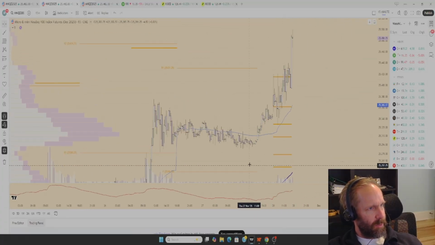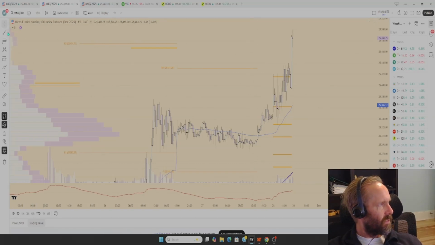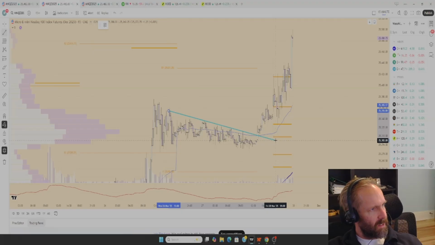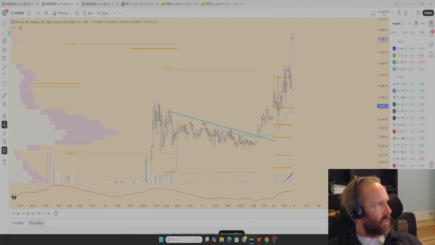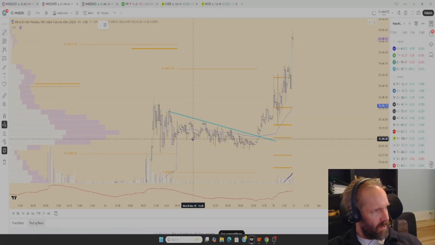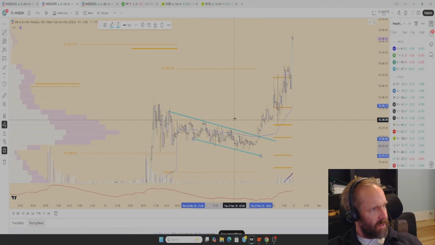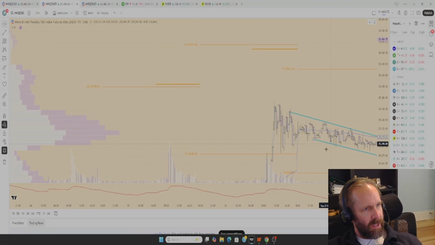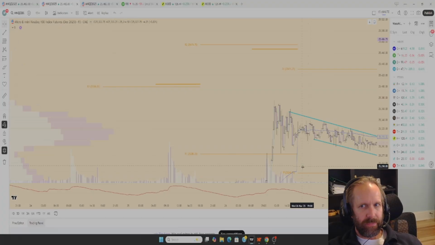And check out this behavior. What does this look like to you? Let me get rid of this magnet feature. If you didn't know what was coming, you would say it's in a bear channel, right?